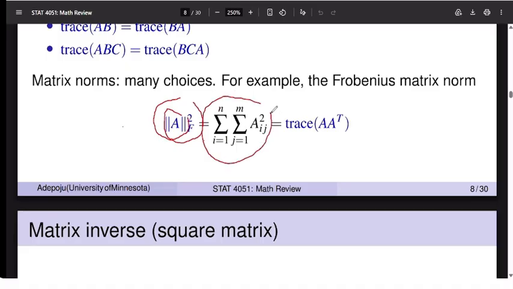But do you know that a matrix norm comes from the product of two matrices, where one matrix comes from the other? Take a look at this. This is a matrix A multiplied by its transpose.